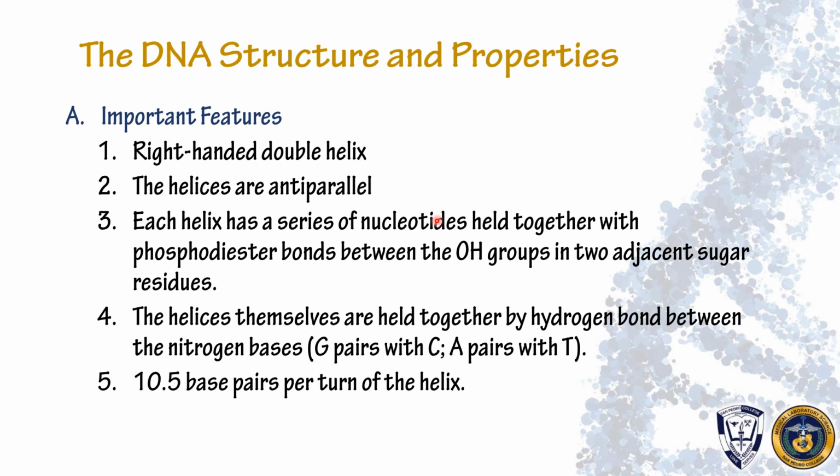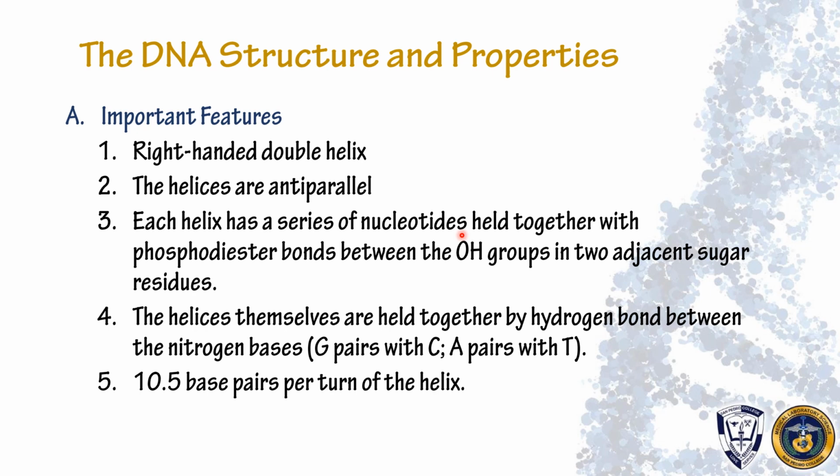Now, yun yung sinabi ko na both A and B DNAs are right-handed forms. On the other hand, your Z DNA is the left-handed na form. And the Z DNA has 12 base pairs per turn, and it is formed by stress or torsion.